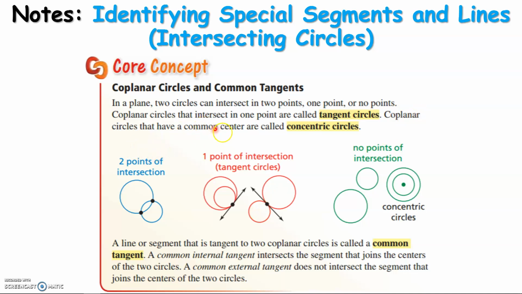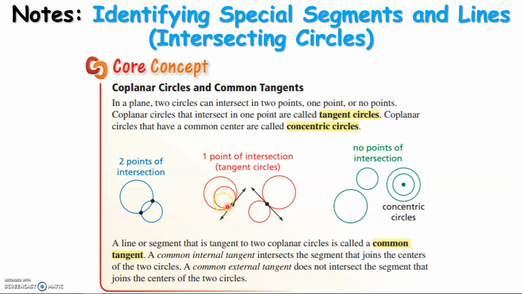Coplanar circles that have a common center are called concentric circles, as we see here on the right. A line or segment that is tangent to 2 coplanar circles is called a common tangent. A common internal tangent intersects the segment that joins the centers of the two circles. A common external tangent does not intersect the segment that joins the centers of the two circles.